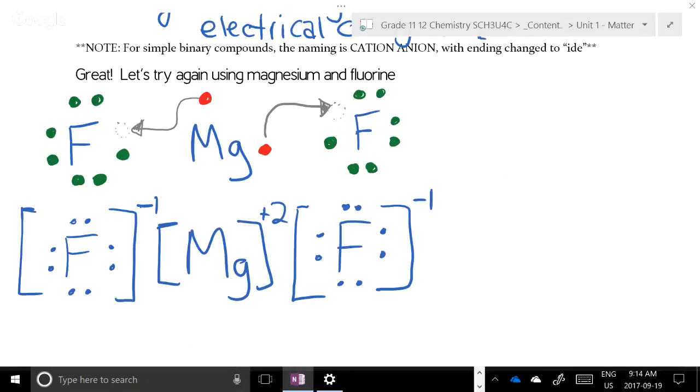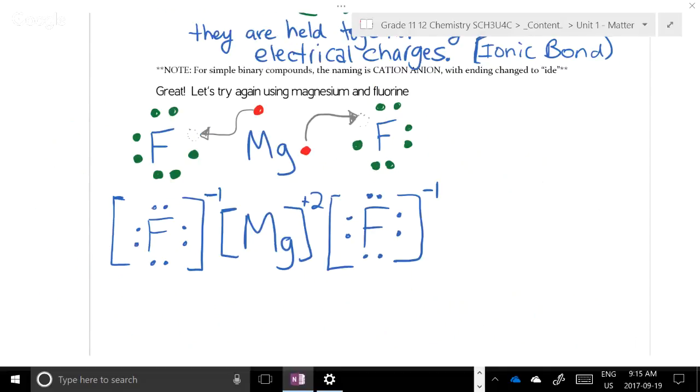Good. So now, if this is to work, the charges have to balance out. I have -1 here, I have +2 here, and I have -1 there. What does that all add up to? It adds up to 0. So that's good. Now, what would we call this?